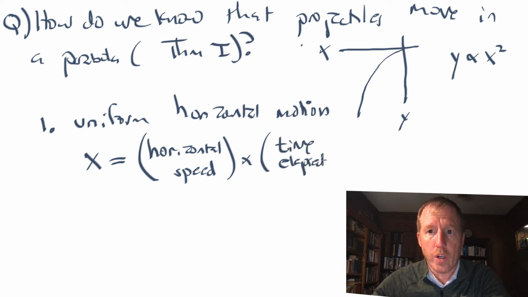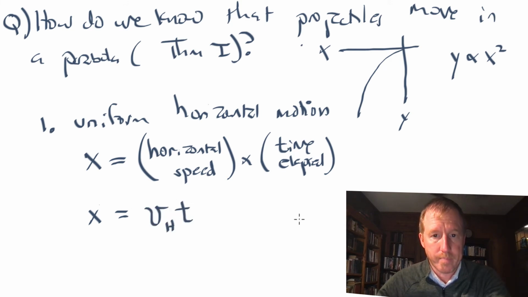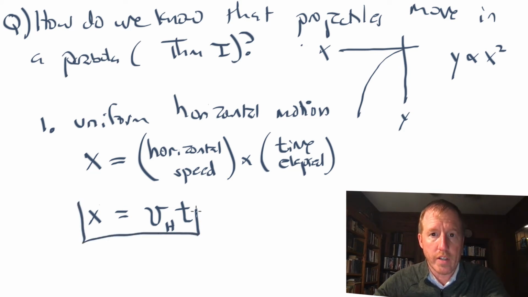This formula works if something is undergoing uniform horizontal motion. Or in other words, if we wanted to write this in terms of variables, x equals the horizontal velocity times the time. So that would be the distance it moves along the x-axis. So this is going to be our first equation in the succinct form.